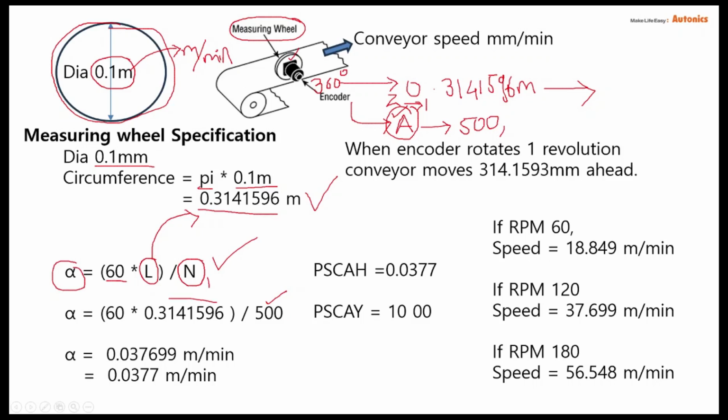The L value we already calculated, the circumference, multiplied by 60. So in my case, the alpha value comes out to be 0.0377, rounding the last three digits off.